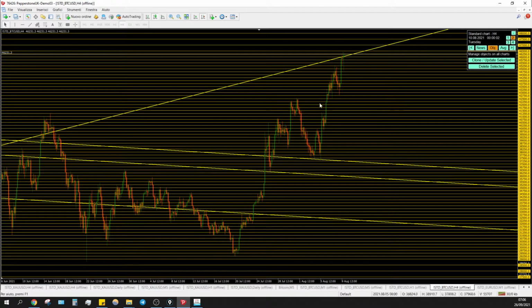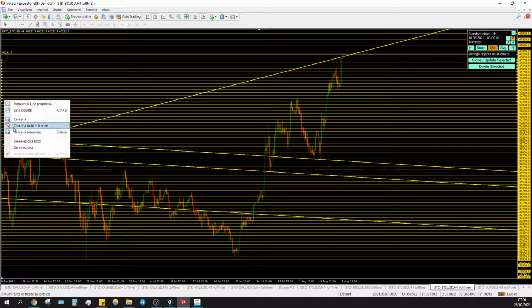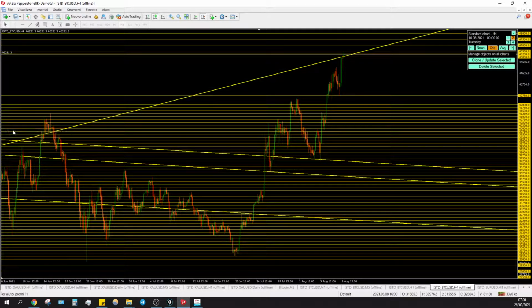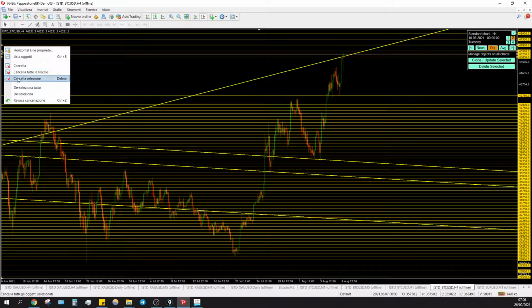You can see how all these levels are kind of confusing. I might delete them on the 4-hour time frame in order to have a much clearer view of the high time frame.